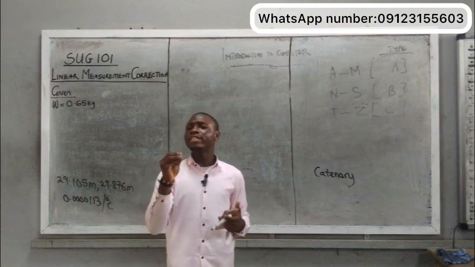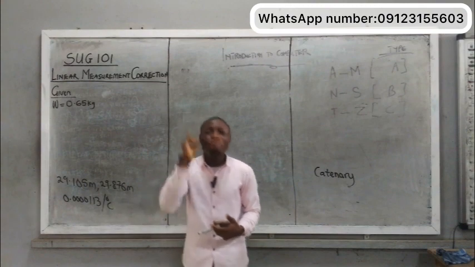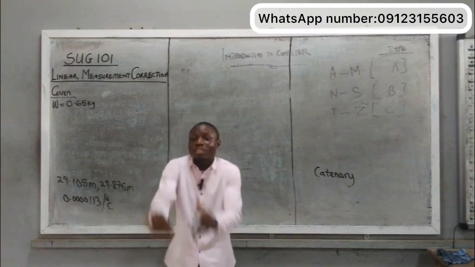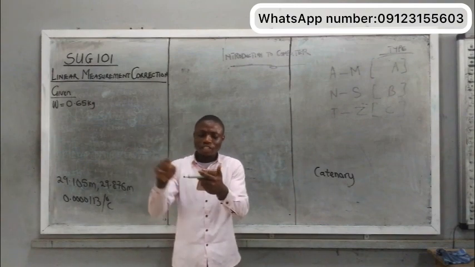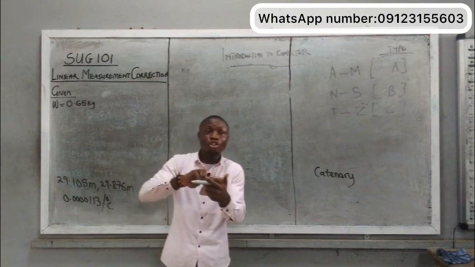Now listen. For every question on linear measurement, the first temperature and tensile we see is the standard temperature and tensile. The question says 30 meter at a temperature of 20 degrees.